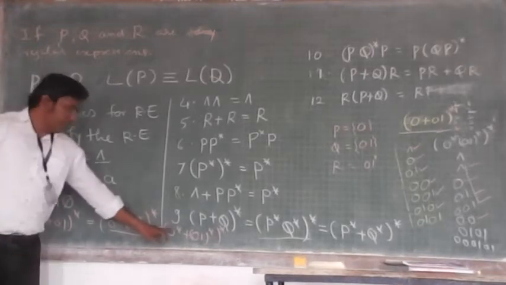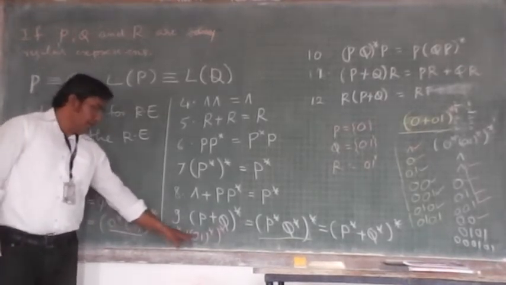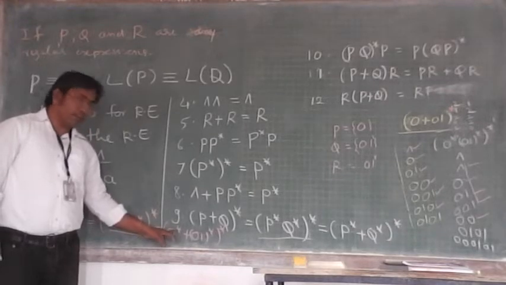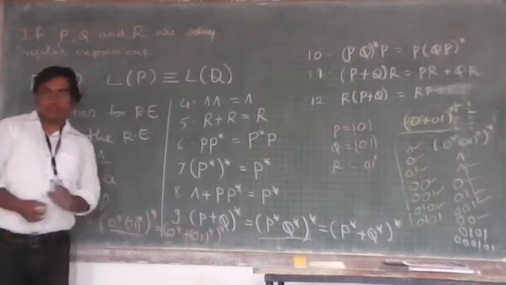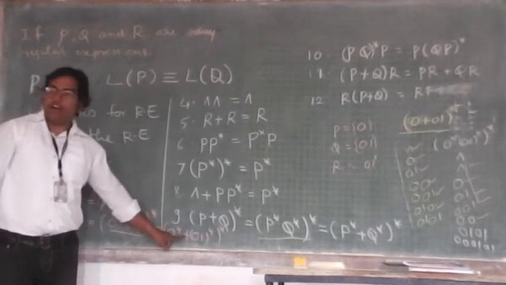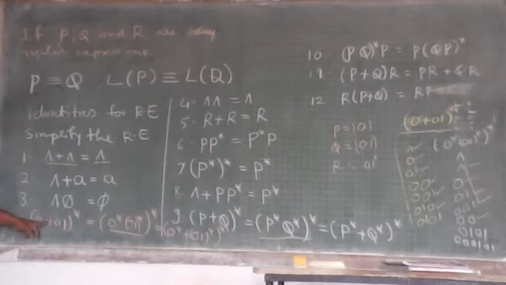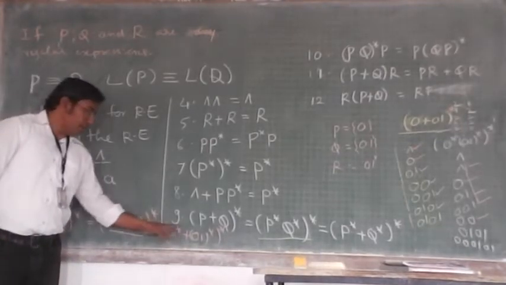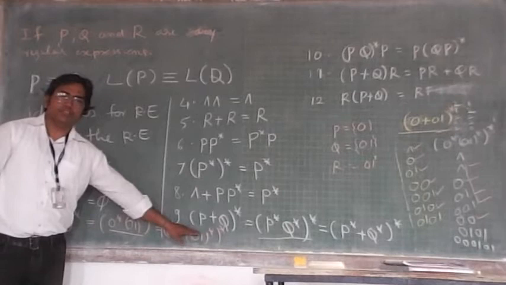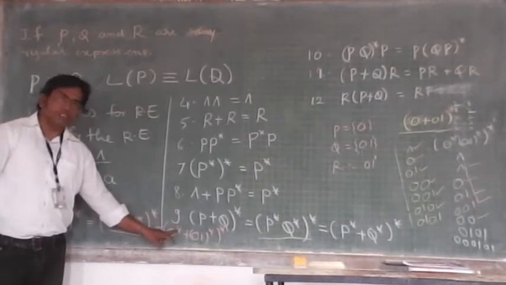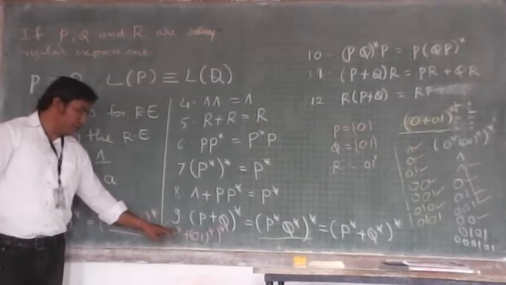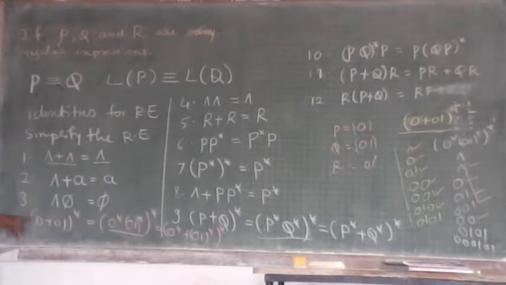In this case also you can see that here you are having an OR between 0 star and 0 1 whole star, so it means that out of these two sub expressions any one expression you can select. But with 0 star, once I select 0, any number of zeros I can have.